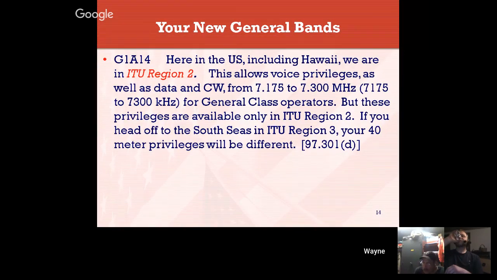So if you head off to the South Seas into ITU Region 3, your 40-meter privileges will be different. They don't have that portion up there like we have. They have a very small segment of the 40-meter band, again, because of the shortwave broadcast stations.